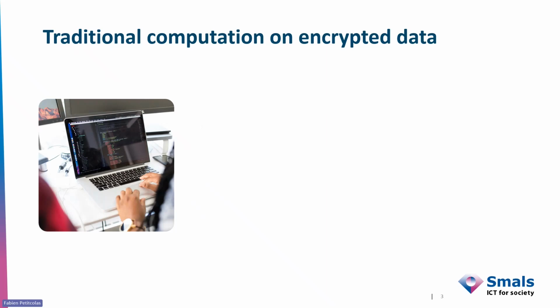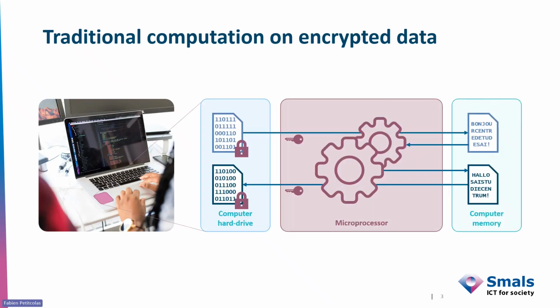And in a very simplified way, if you look at your laptop today, most of us have encrypted data on the hard drive by default, and that's very useful if we lose our laptop. But at some point, we may want to do some useful things with these files. And so these files need to be loaded in the memory, decrypted, and then the processor can do something useful on these files.